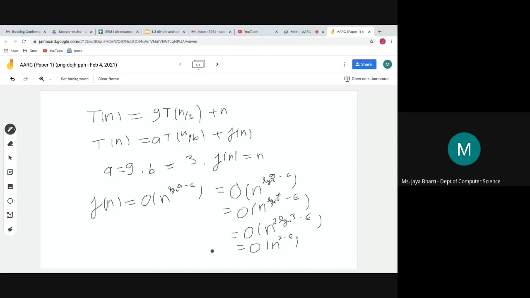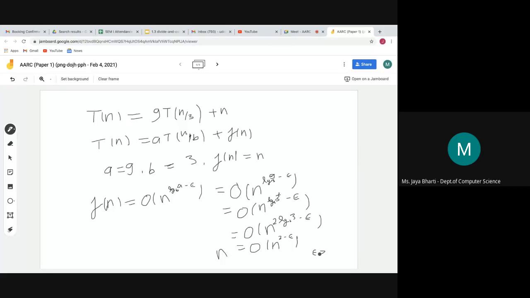Okay. And what is the value of f of n? It is n only. Okay. So what you can see is that if we want to equate these two, the epsilon value could be 1. Okay, if we want this to be bigger, it means the epsilon value could be anything greater than 0. Okay, so you can see the epsilon value could be anything.